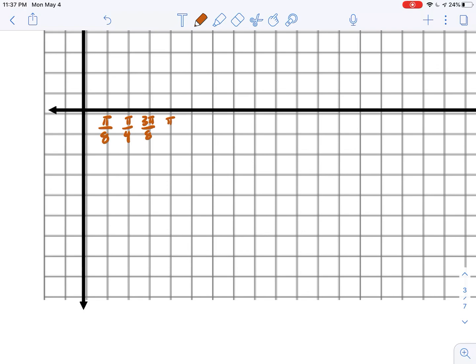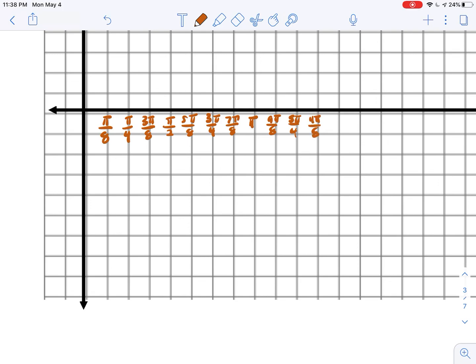So remember, I take pi over 8, and I add pi over 8 to it to get to my next one, which is pi over 4. And I keep adding pi over 8 as I go through. Now, I already have these reduced just to speed up the process a little bit, but feel free to work through them all together.